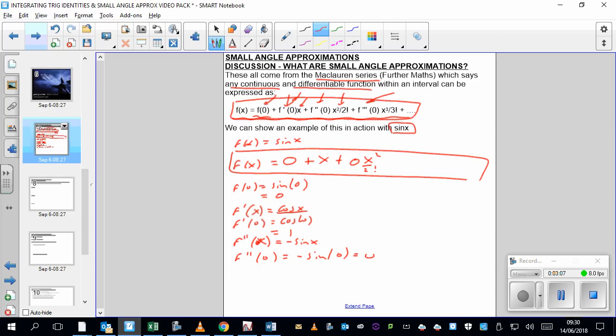And then we've got f dash dash dash of x: minus sine x is going to go to minus cos x. And f dash dash dash of 0 is minus cos of 0, which we know is minus 1. So this is minus, and then that's the 1, x cubed over 3 factorial. Remember, 3 factorial means 3 times 2 times 1. 4 factorial is 4 times 3 times 2 times 1, you see?